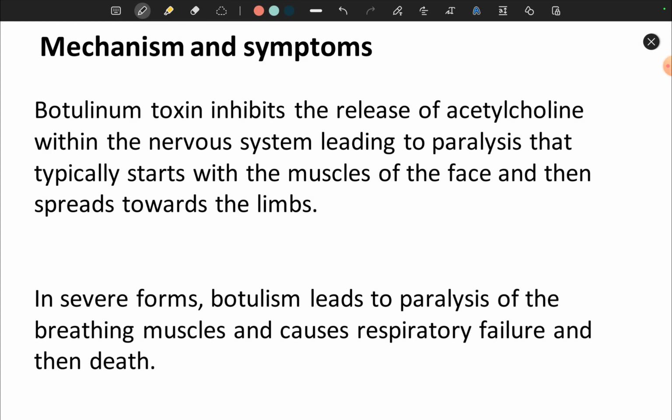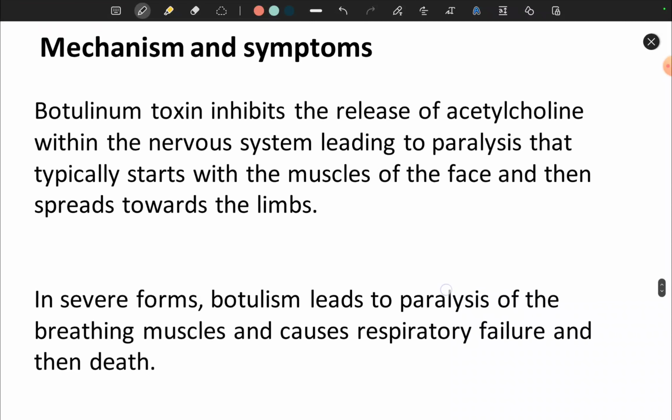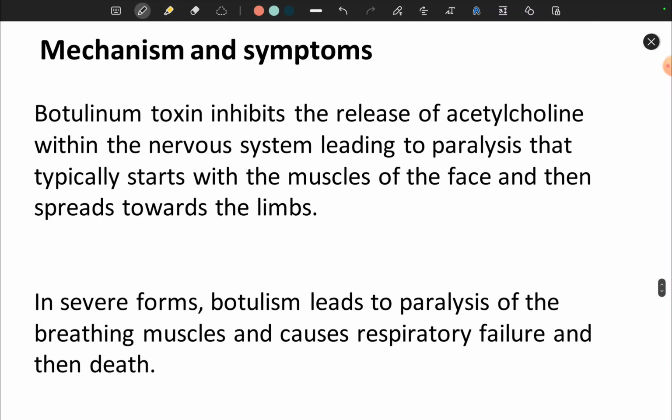Acetylcholine. So simply there will be inhibition of the release of acetylcholine, and as a result there will be paralysis of the muscles. And again, the most dangerous muscles to be affected are the respiratory muscles. With paralysis of the respiratory muscles, definitely the patient will need a ventilator and intervention.